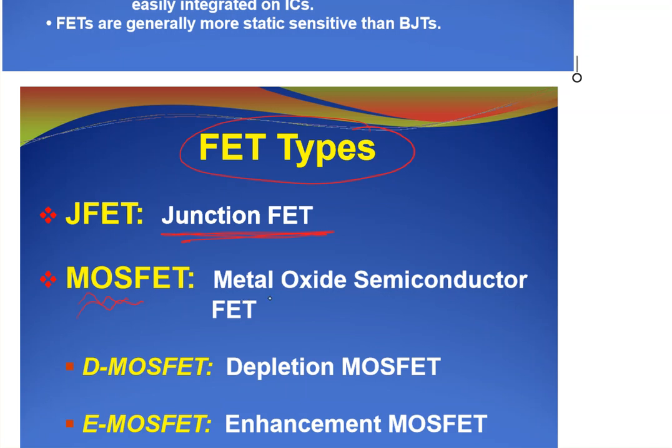So we have the metal oxide semiconductor field effect transistor, known as MOSFET. Now this MOSFET could be of the D type or the E type. This has to do with the way of depletion of ions or electrons in the IC.